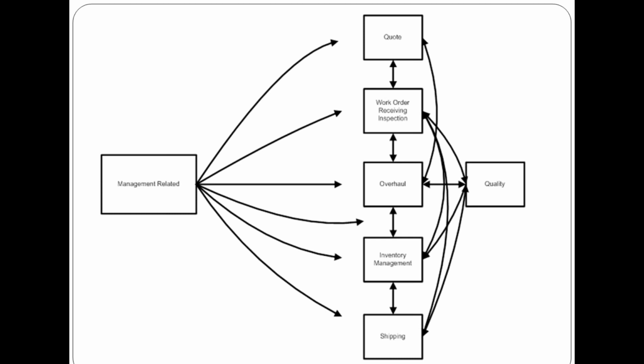And what the preparer has done here is attempted to reflect that, yes, there is a top to bottom flow of sorts here, but there's also a good deal of cross-process interaction. And then, of course, on the left-hand side, we have an item referred to as management related. This can be certainly taken as the support activities that we were referring to in earlier IOP documents.